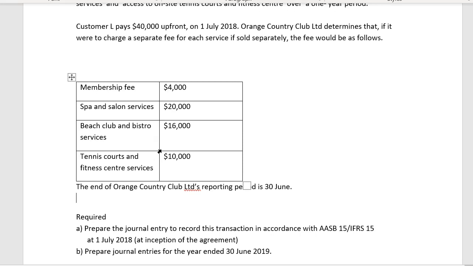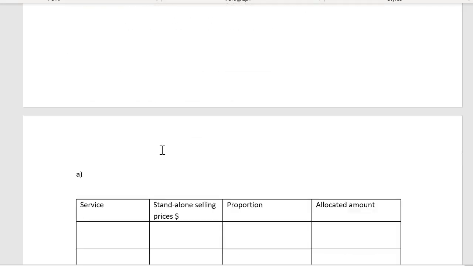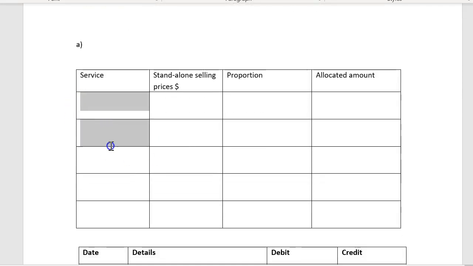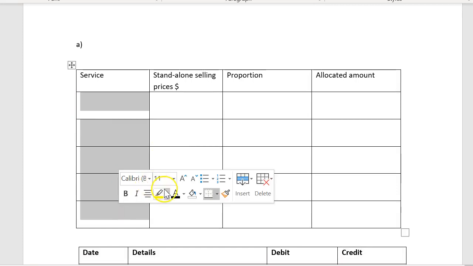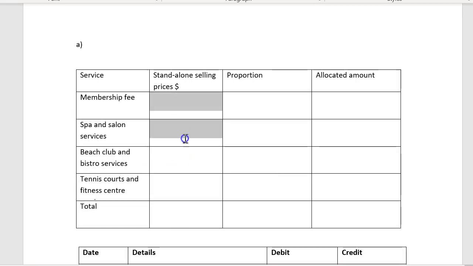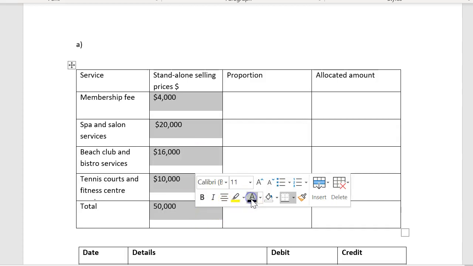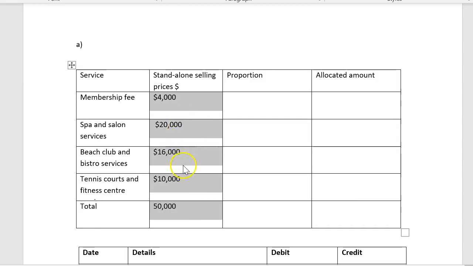So when you get a question like this, you need to assign, so you have 4 services. You're given standalone selling prices, so you record standalone selling prices. Now let's work out the proportion of each service they offer. The total amount of these services is $50,000. What's the proportion of the membership fee of the total service fees?